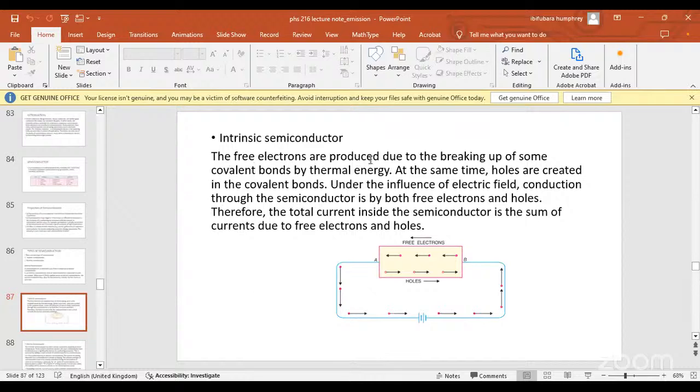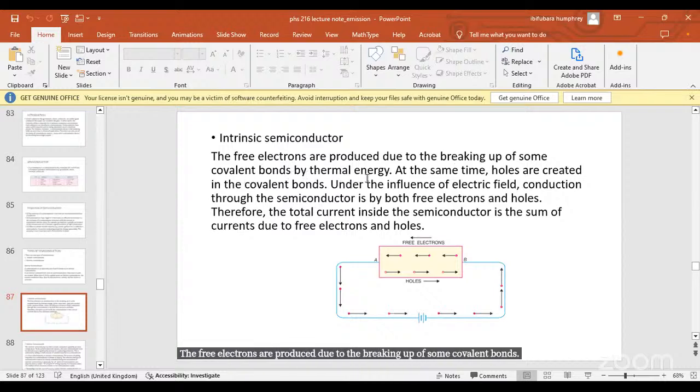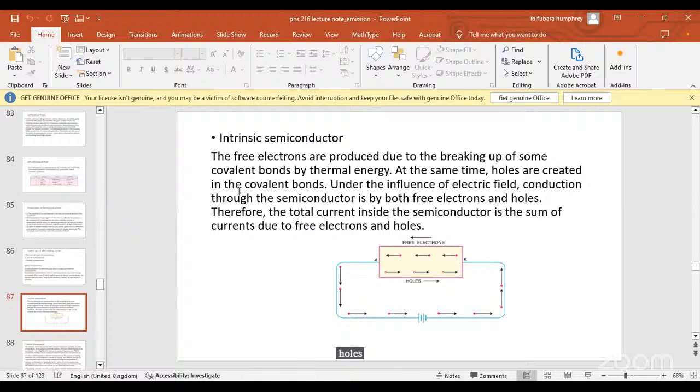The free electrons are produced due to the breaking up of some covalent bonds by thermal energy. At the same time, holes are created in the covalent bonds. So when an electron is excited from a surface, it migrates to another level.